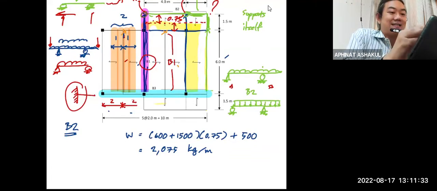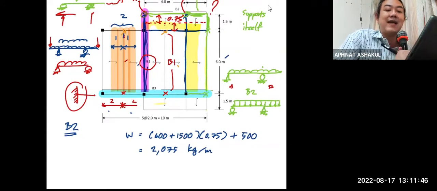Okay. Let's say now you know this B3 has to support the reaction from B1 here. And you must not forget that you have to extend this to support this as well. But we haven't mentioned this beam.